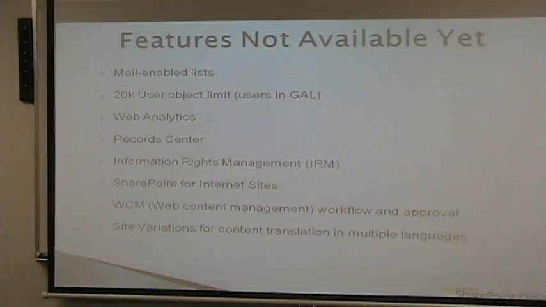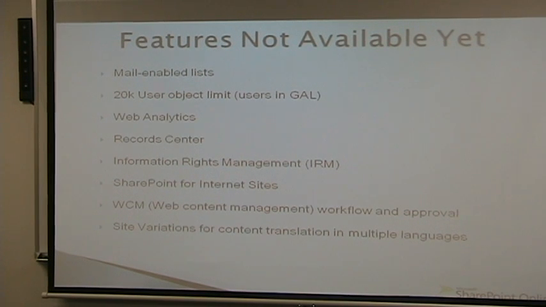Okay, these are all the features currently not available. No mail-enabled lists. An example of that would be how our customers email us at support@infinityit.com. SharePoint has that feature, very much similar to Autotask, but Office 365 SharePoint does not.